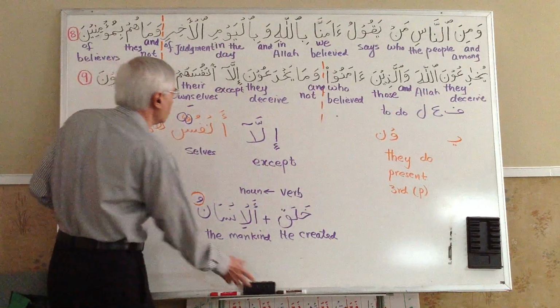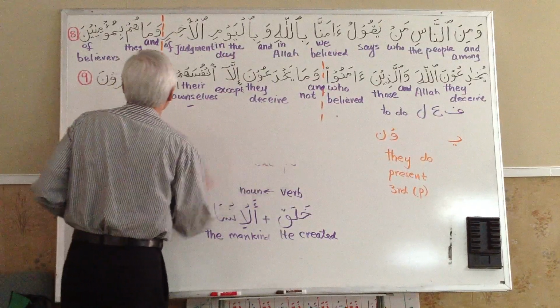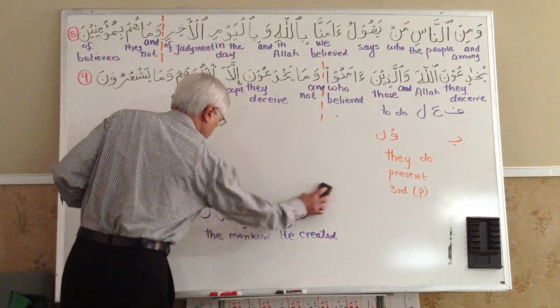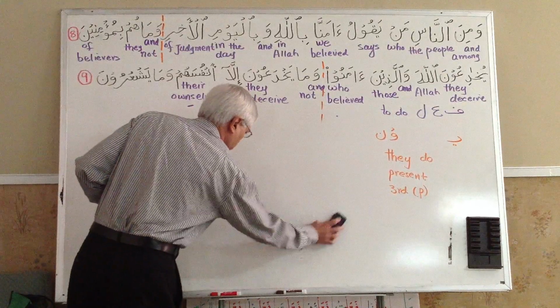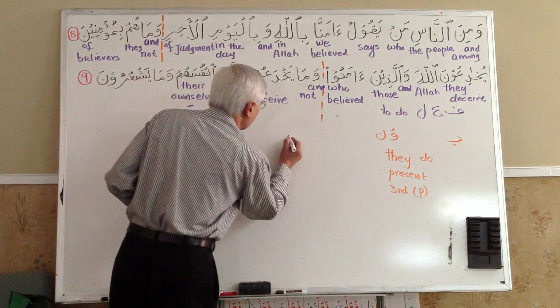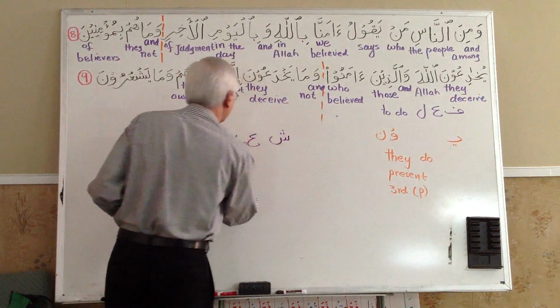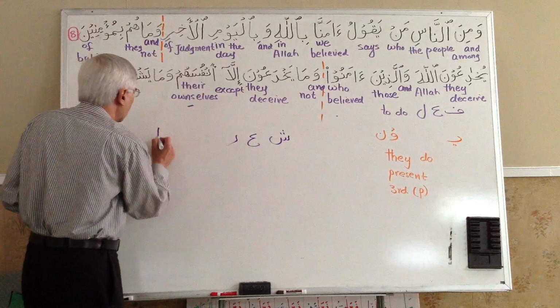Okay, so let's look at these words. The letters are sheen, ain, and ra. This means to understand.